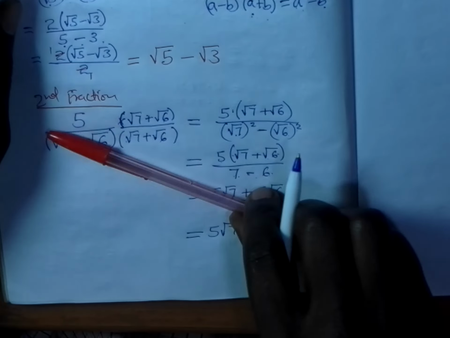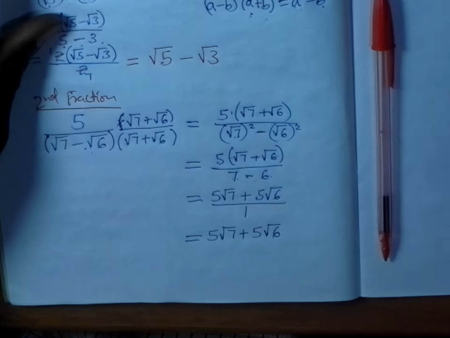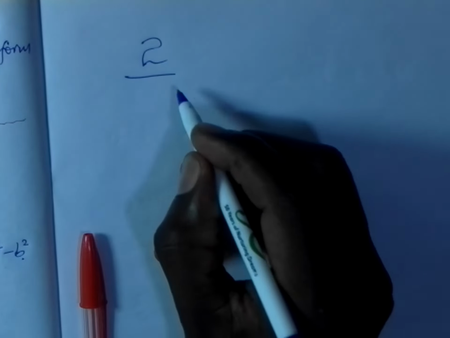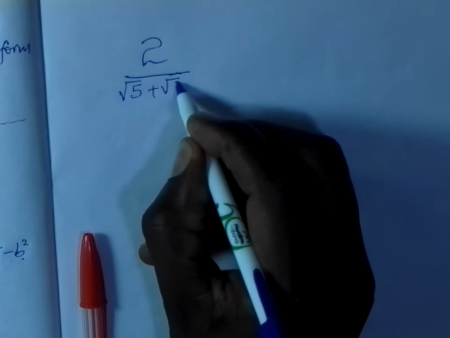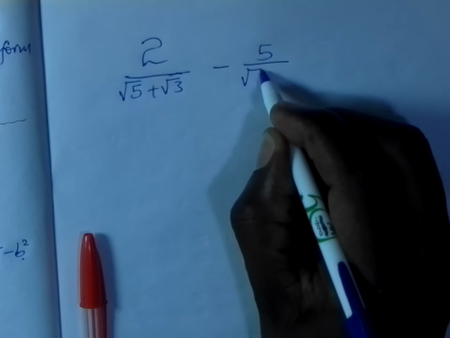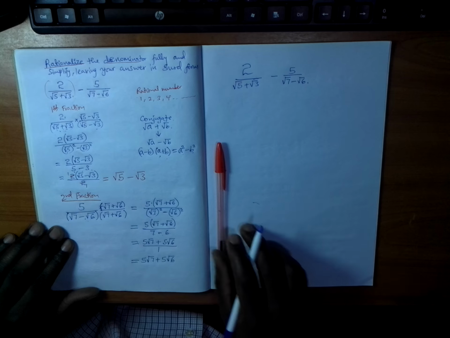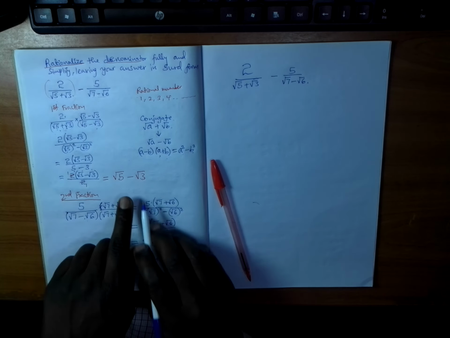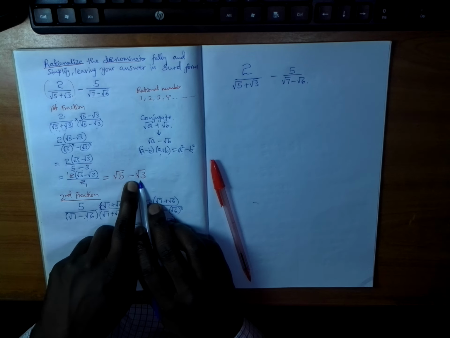But initially, we have been given 2 all over root 5 plus root 3 minus 5 over root 7 minus root 6. So for the first fraction, we simplified and we got root 5 minus root 3.